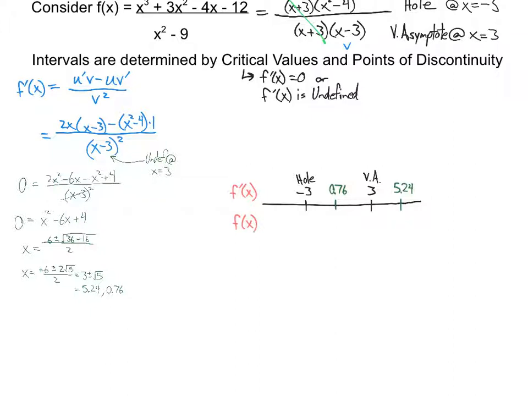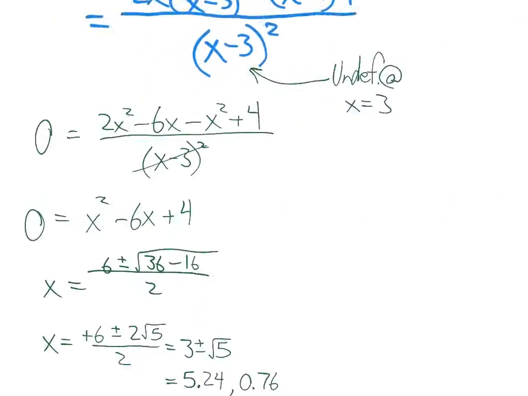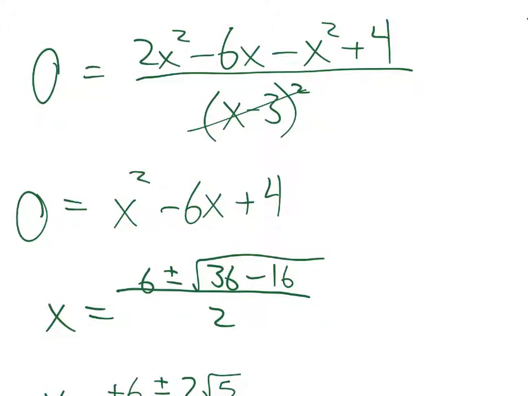I don't need to plug anything into the denominator because it's going to be something divided by a positive every time. So now I look at, say, a negative 4. The numerator had simplified to x squared minus 6x plus 4. If I plug a negative 4 into that, I get positive 16 plus 24 plus 4. That's positive.